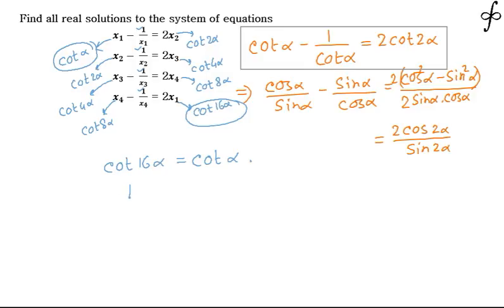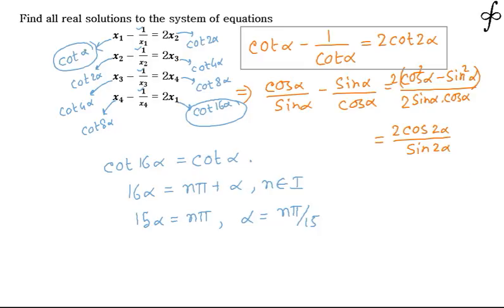Now to solve this trigonometric equation, we can go for the general solution. So 16 alpha equals n pi plus alpha, where n belongs to the set of integers. So 15 alpha is equal to n pi, and the value of alpha will come out to be n pi upon 15.